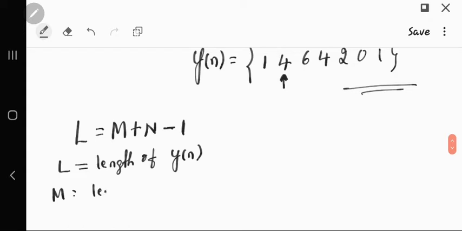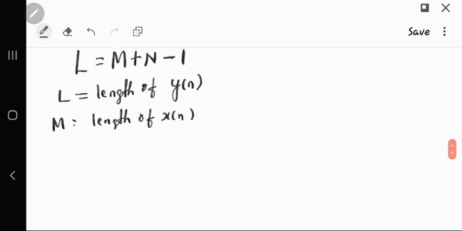M will be the length of x of n, and n will be the length of the second signal. So we have two signals, two functions. M represents length of first signal, n takes the length of second signal.